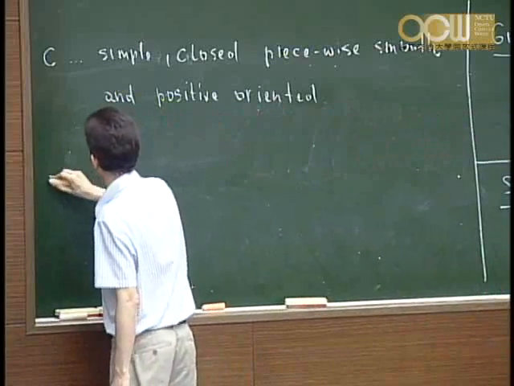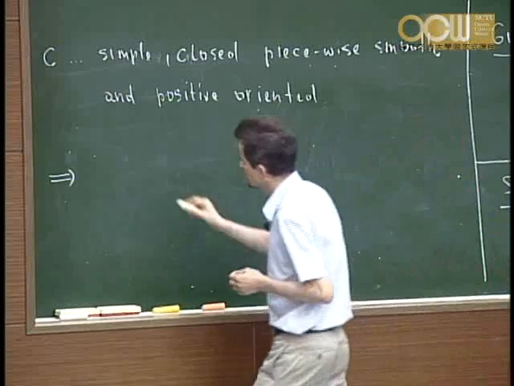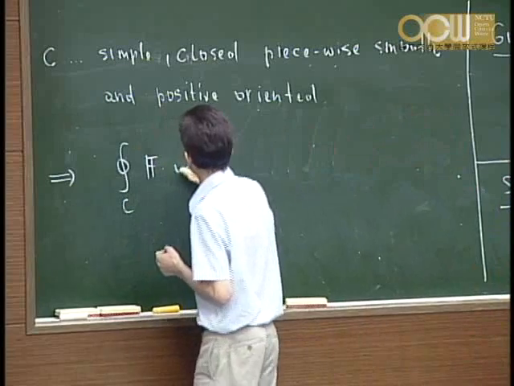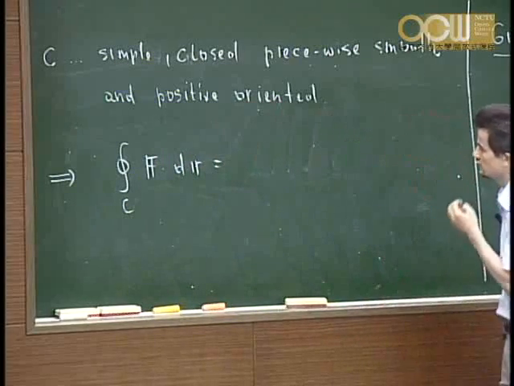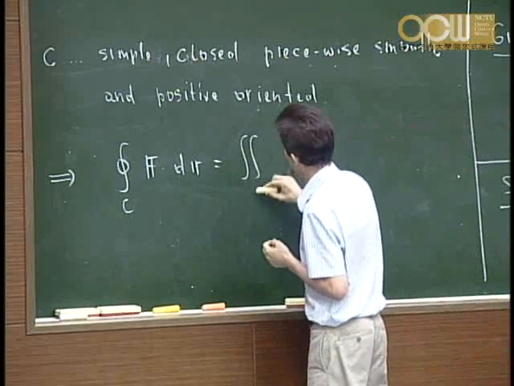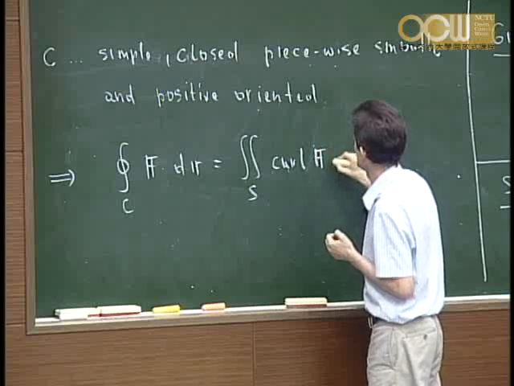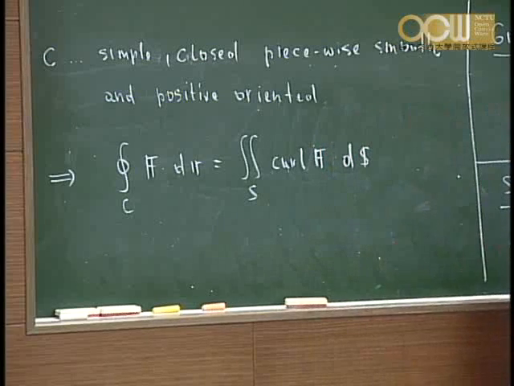Now, if we have a three-dimensional vector function, then you have something similar, namely the line integral over C of the three-dimensional vector function f dr will be equal to the surface integral over S of the curl of f dot dS, where this is oriented. So you have to compare those two.